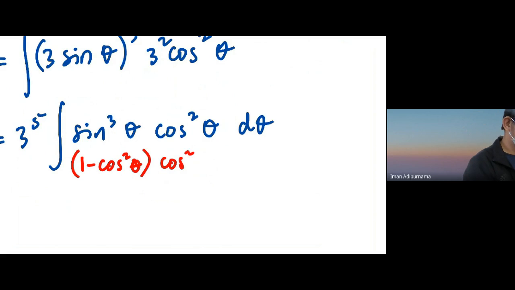So we write sine cubed as 1 minus cos squared theta times sine, and this is cos squared theta. Now we can simply use regular substitution. We can take u in terms of cos, and we can cancel the sine with its derivative, right?